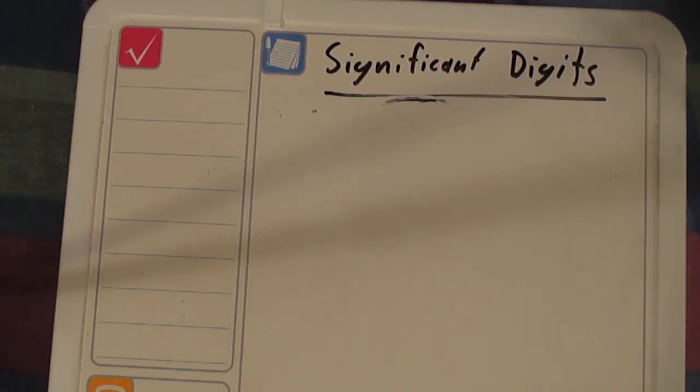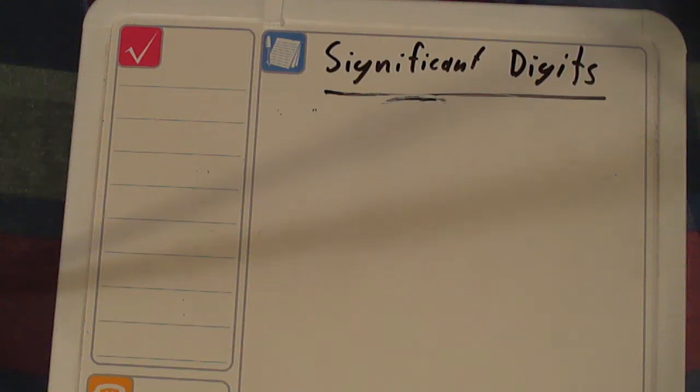If you're adding or subtracting, like the one I'm going to do right now, you will always go to the least amount of digits after the decimal. So I'm going to do this.